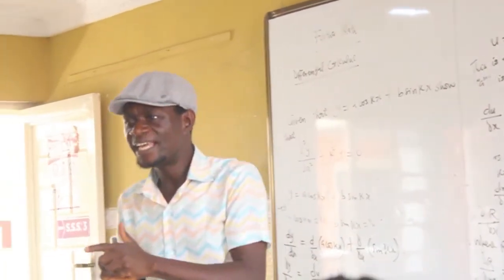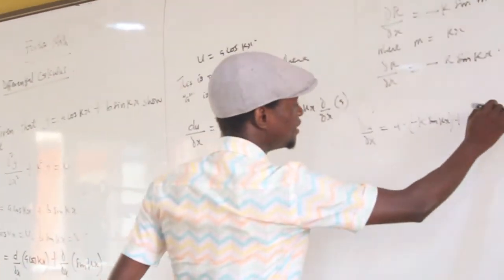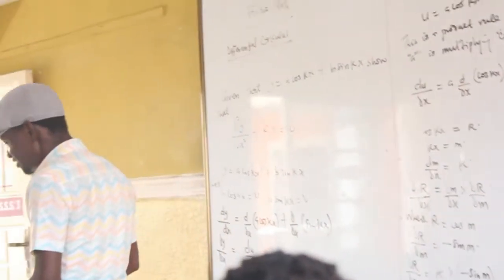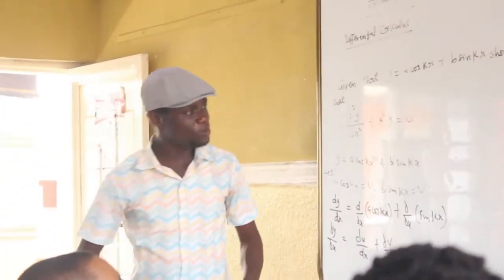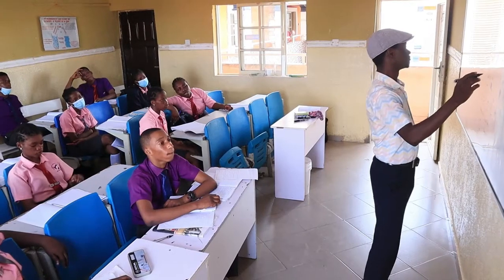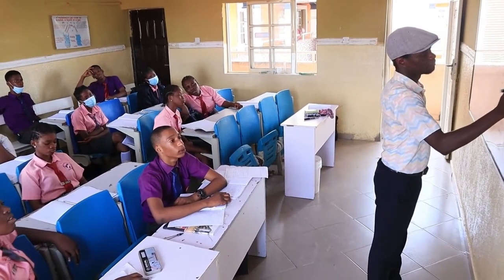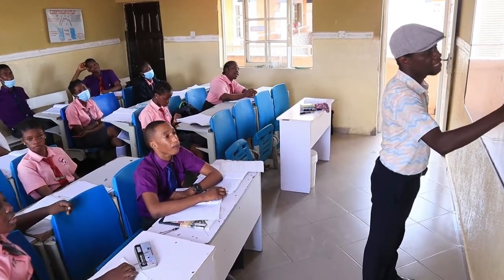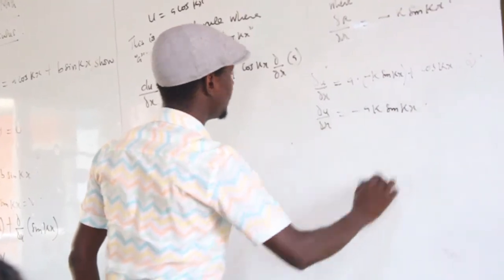Why? Because A is a constant, it doesn't carry this. I hope we can now see what is happening. So du/dx is equal to minus ak sin kx.